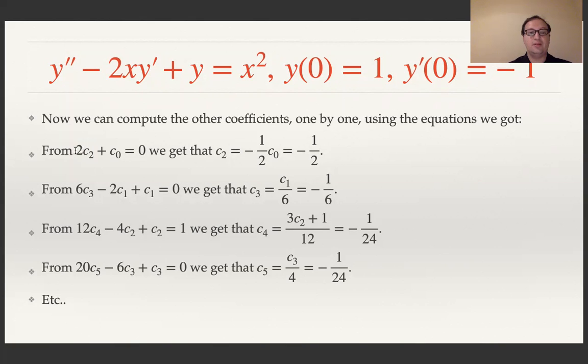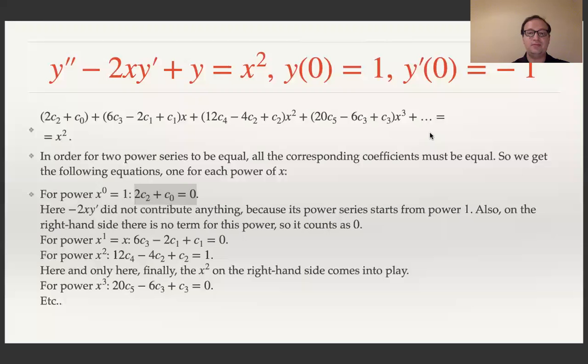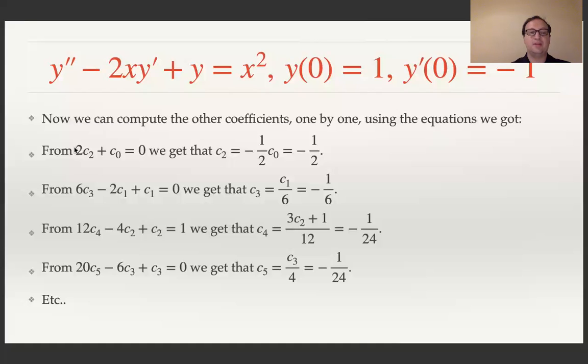The first equation we had was 2C2 plus C0 is equal to 0. Therefore, C2 is minus 1/2 C0. And since C0 was 1, we get C2 is minus 1/2.